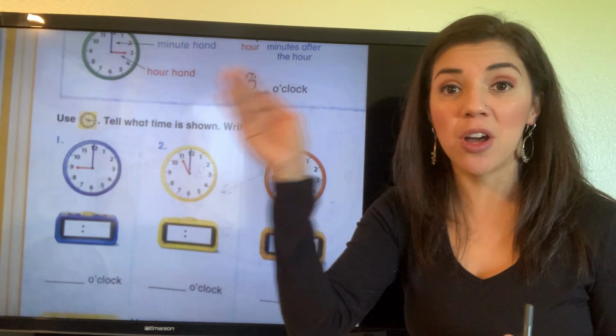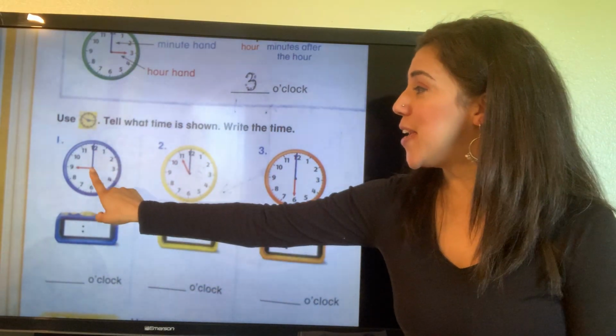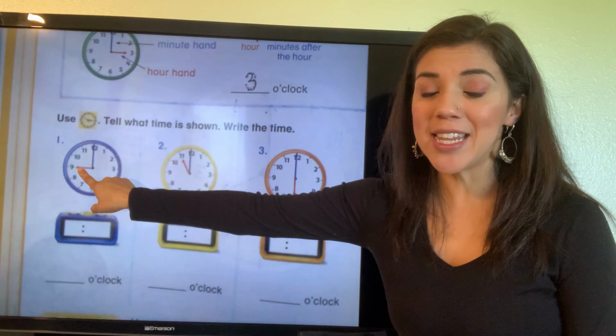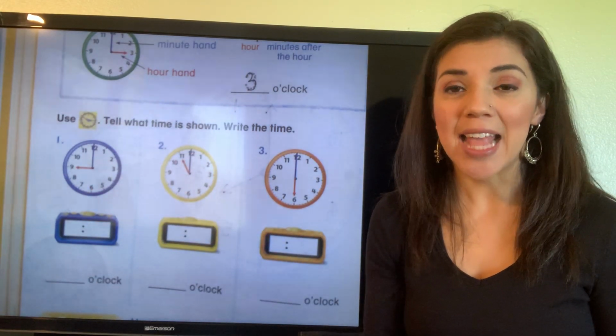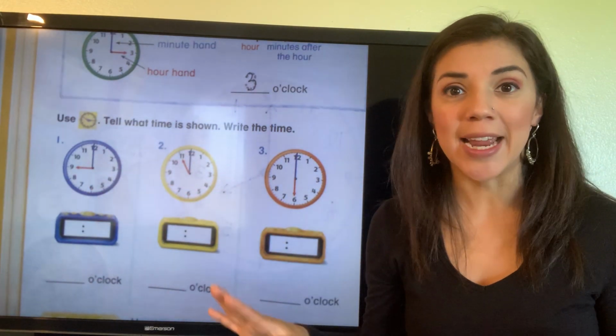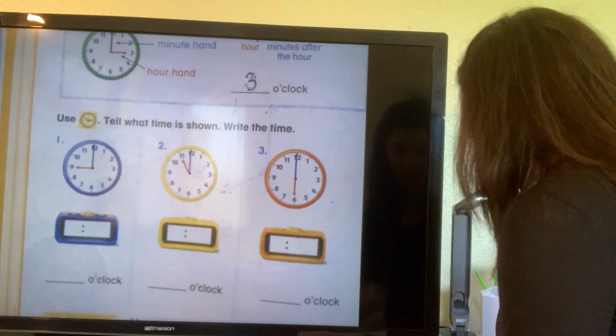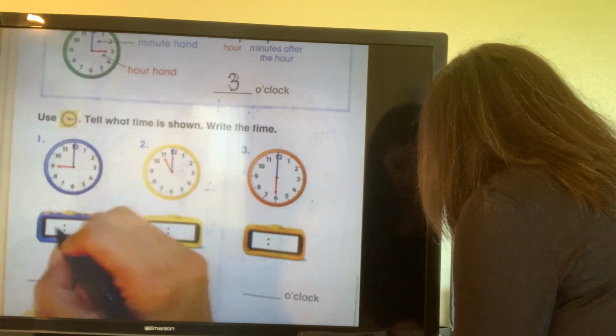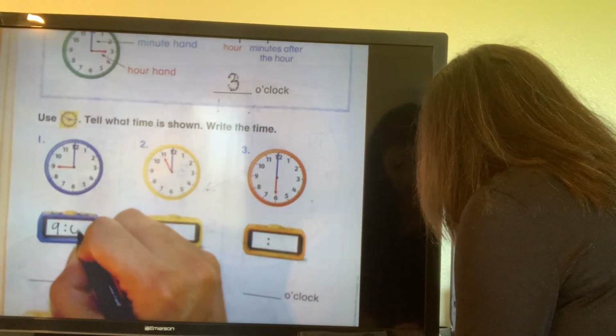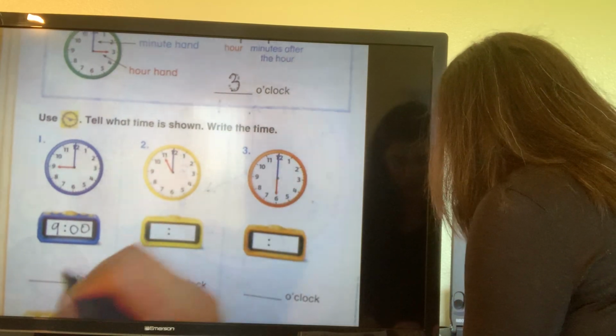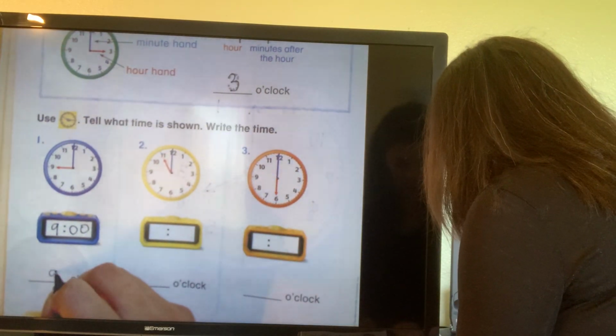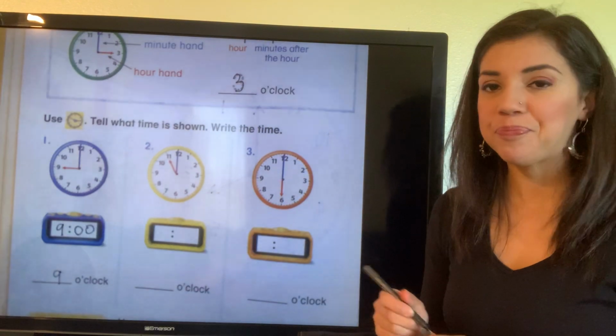It's that time o'clock, okay? And so here, since the little hand is pointing to the 9, that is 9 o'clock. It's just 9 o'clock. And so go ahead and write it in the digital clock. So that would be 9 and 2 zeros behind it. And it is 9 o'clock.